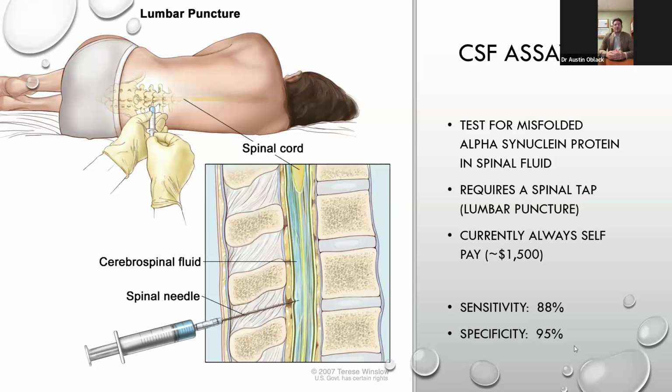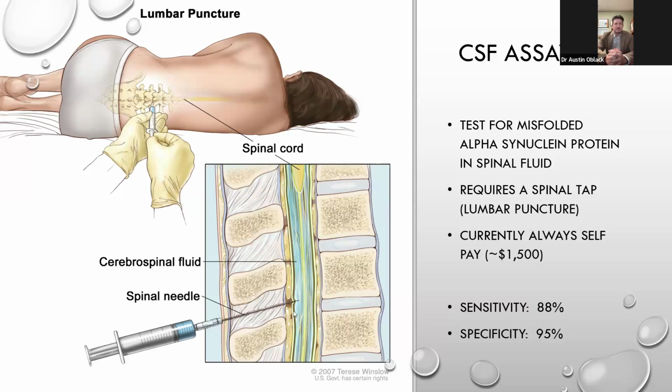There are rare instances where the track that the needle goes through to get into the spinal canal remains open, and you actually have a little bit of ongoing leaking of the fluid out through that area, and that's called a spinal leak headache.